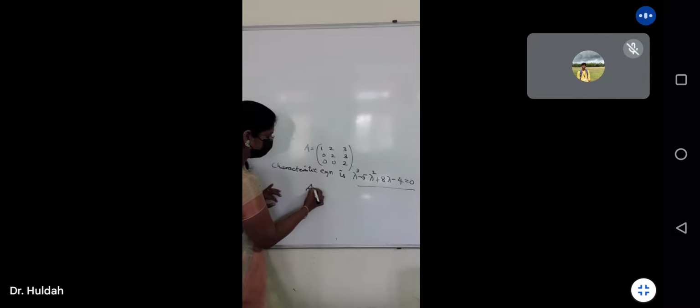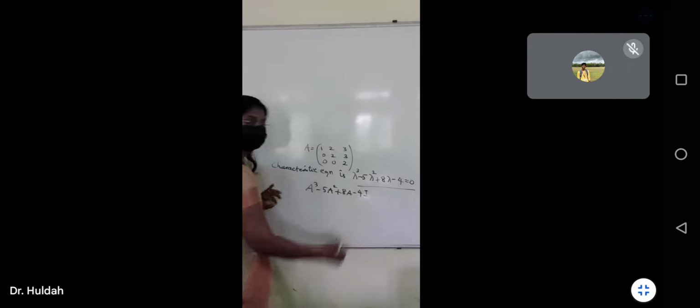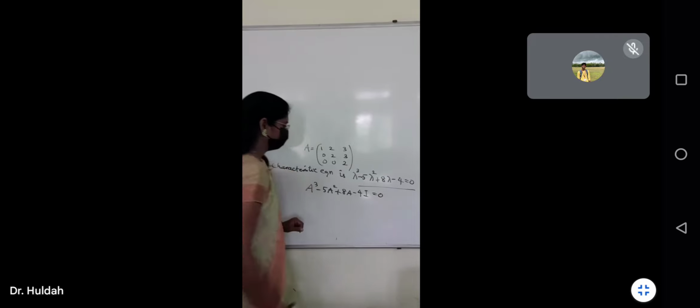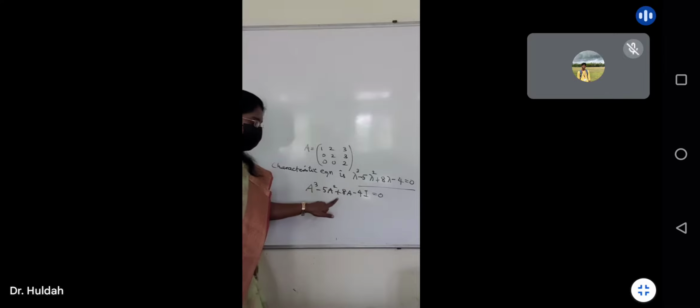Okay, this is the characteristic equation. Now what should I do? Verify the Cayley-Hamilton theorem. Instead of lambda, I put A: A cubed minus 5A squared plus 8A minus 4I equals 0. Everything is a matrix. The Cayley-Hamilton theorem says every square matrix satisfies its characteristic equation. So this is a square matrix, this is the characteristic equation, and it satisfies it.